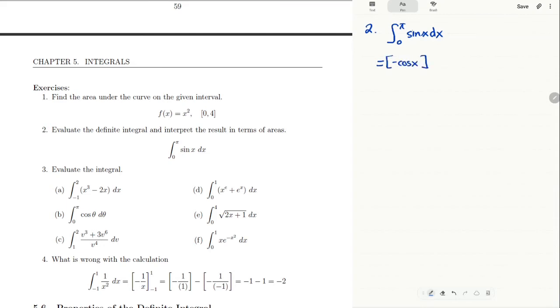And then we evaluate the antiderivative at the upper and lower limits of integration. So we substitute the upper limit into the antiderivative, so we have negative cos of pi. And then we subtract the evaluation at the lower limit of integration, which is negative cos of 0.